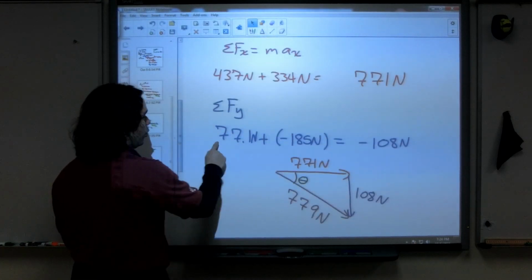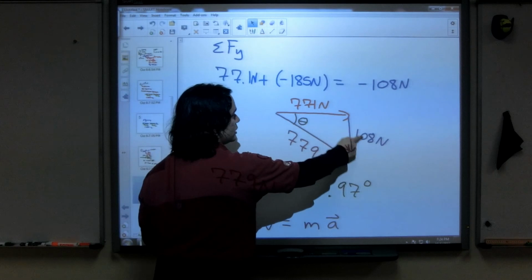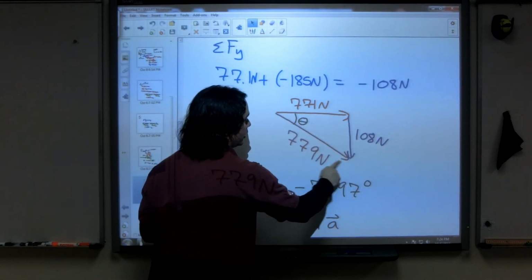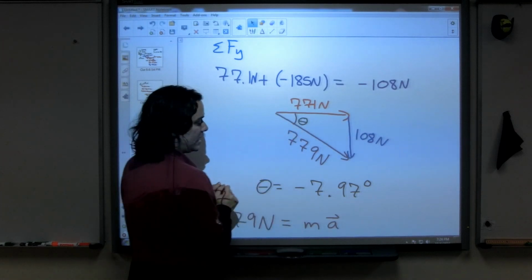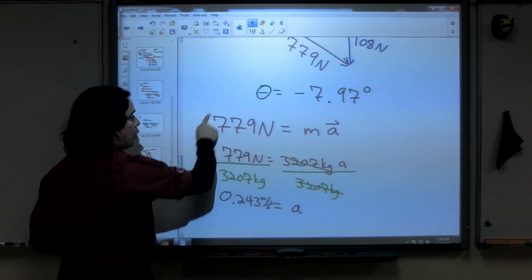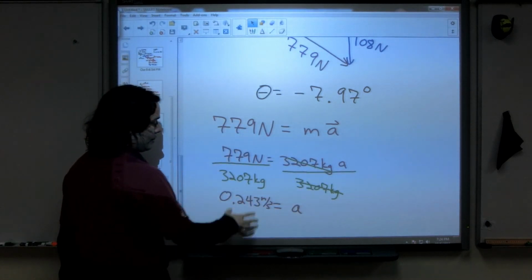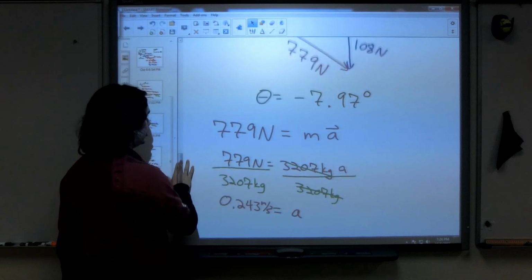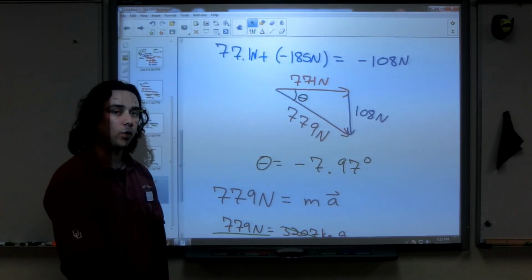We add all of the y's, and that gives us our total in the y. And then we can use each of those components to find our resultant. The magnitude is the number, the direction is the angle, at least with this notation. And then once we know the total force acting on it, we can find the total acceleration. The magnitude is this, and the direction will actually be the same way that the net force points.